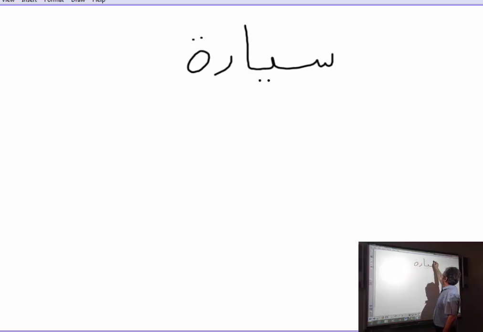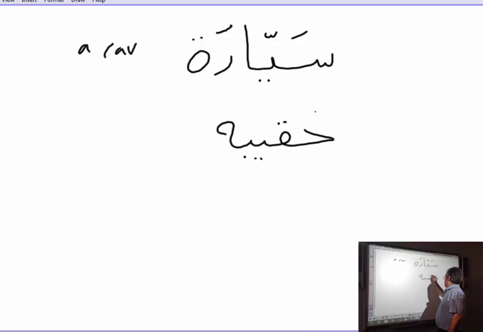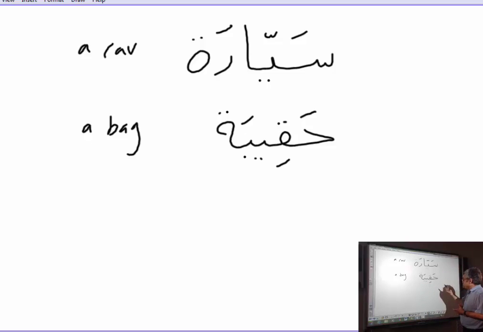With the ta marbuta, we have a lot of words which indicate, as I said, femininity. So this is one word, سيارة. سيارة means a car. You can take another word. How do I read this one? حقيبة. حقيبة, a bag. It could be a suitcase, could be a bookcase. Maybe you can take some more words.